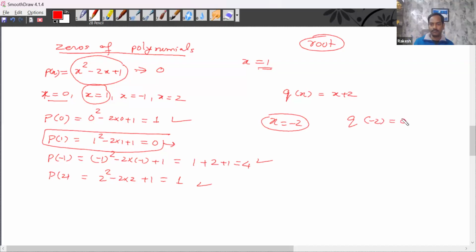You can test yourself. Put the value x equal to minus 2 here. You'll get q of x equal to 0. So x equal to minus 2 becomes the root of this polynomial. So what is the root of the polynomial? The value of x for which the polynomial becomes 0. Right?